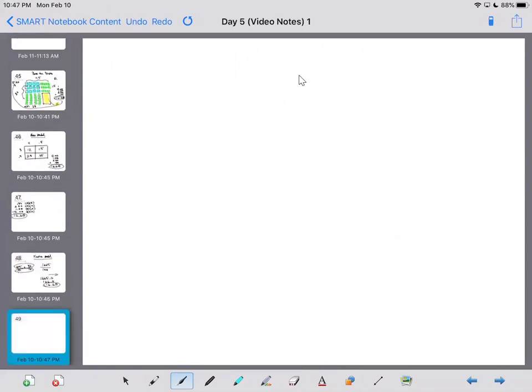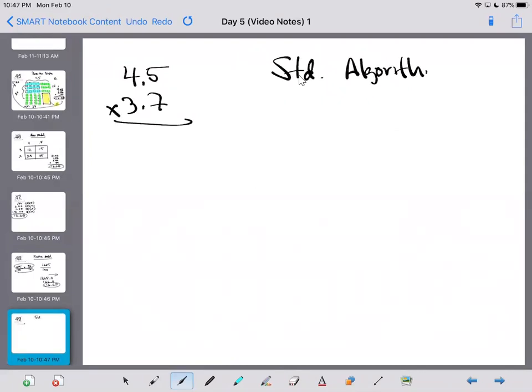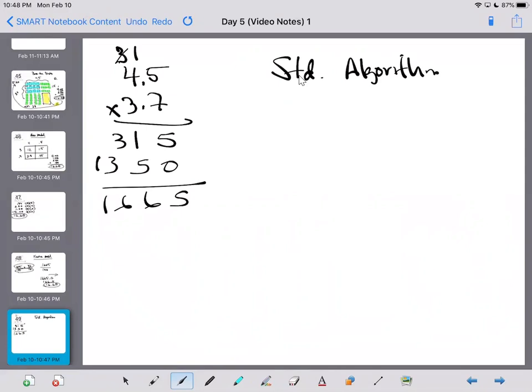And then last, if you want to look at the algorithm, very similar to the fraction model. So I would just multiply this normally, just like you would with your standard algorithm with multiplication, but we know that answer is not going to be 1,665.